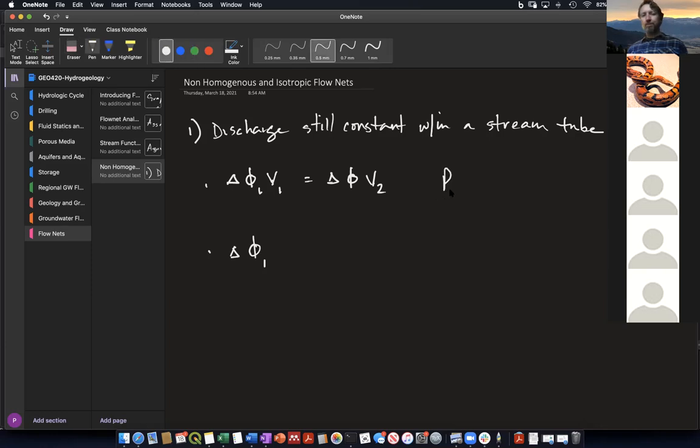Anybody? The flux divided by the porosity is equal to the velocity. Anybody remember that?